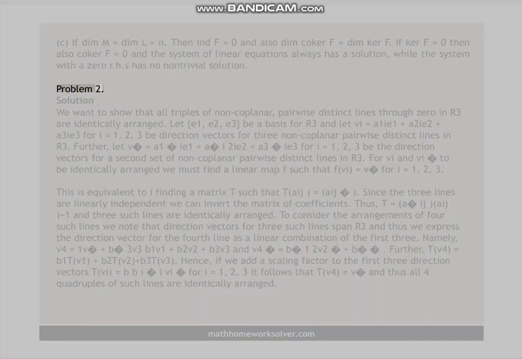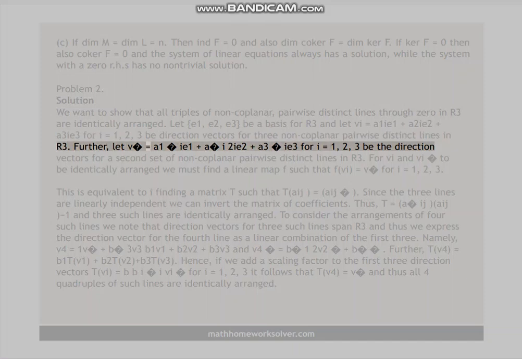Problem 2. Solution: we want to show that all triples of non-coplanar, pairwise distinct lines through 0 in R3 are identically arranged. Let e1, e2, e3 be a basis for R3, and let vi equals a1i e1 plus a2i e2 plus a3i e3 for i equals 1, 2, 3 be direction vectors for 3 non-coplanar pairwise distinct lines in R3.